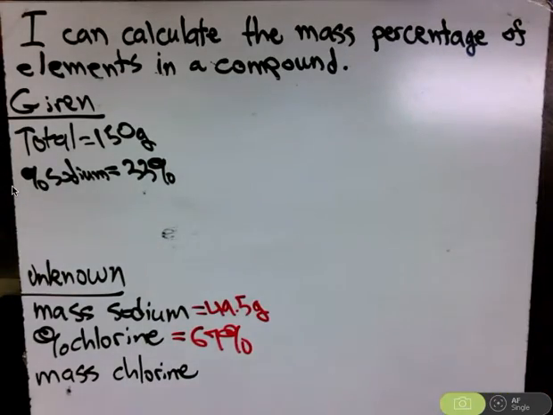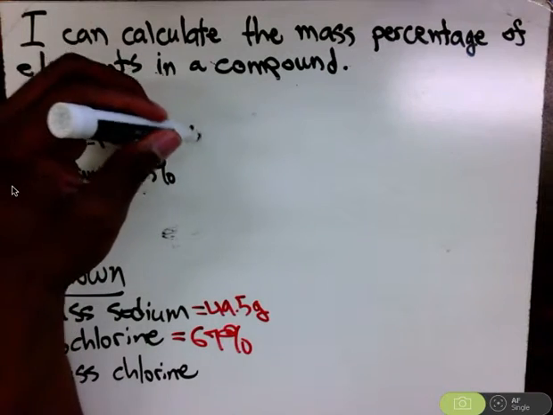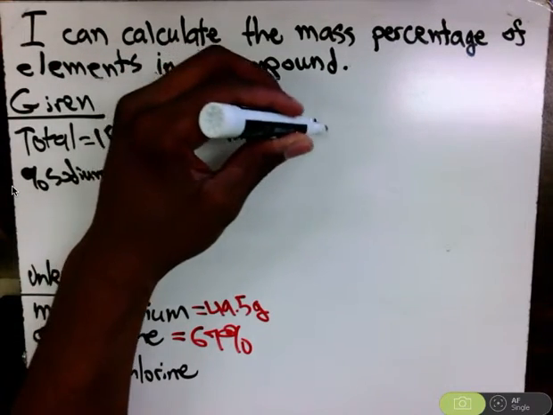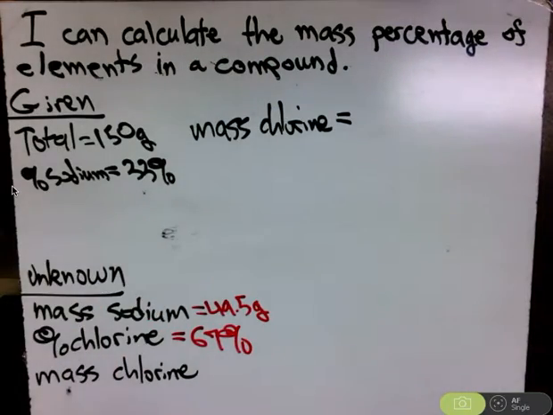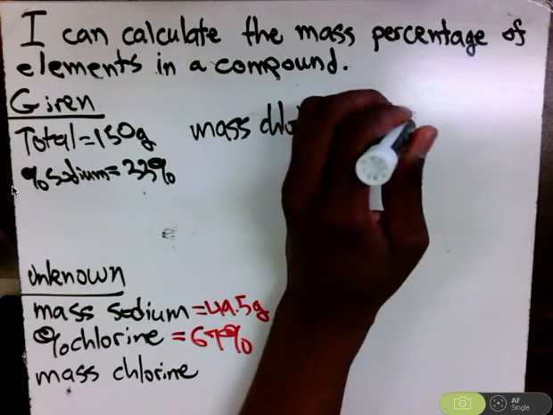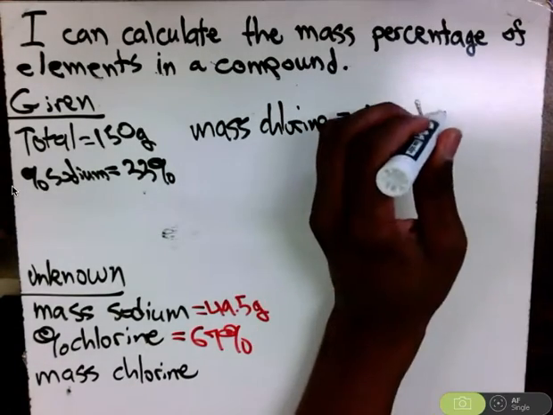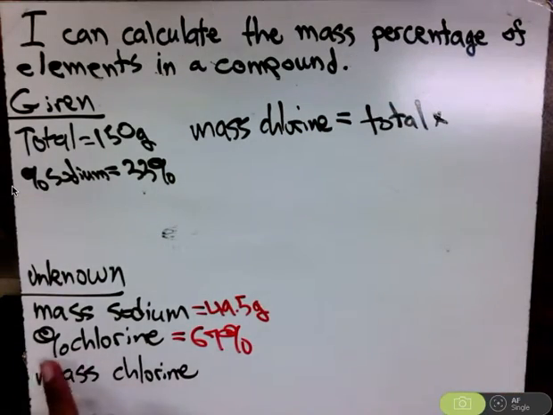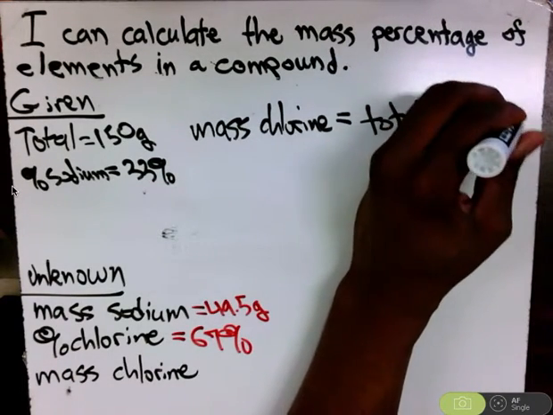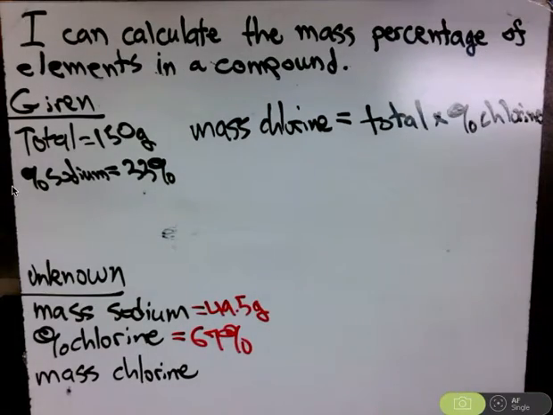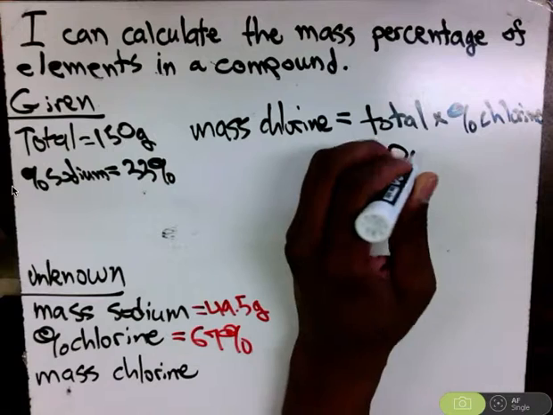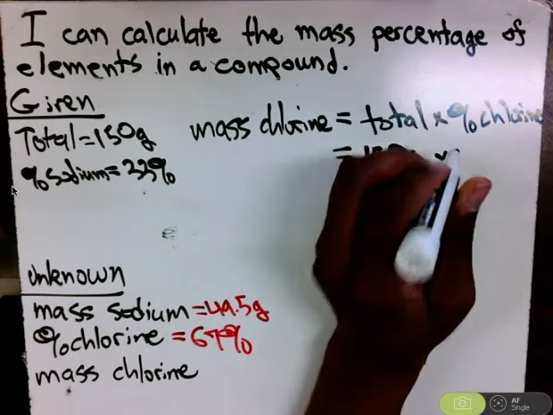So the mass of chlorine is equal to the total multiplied by the percent of chlorine. And what I will get is going to be 150 grams multiplied by what?